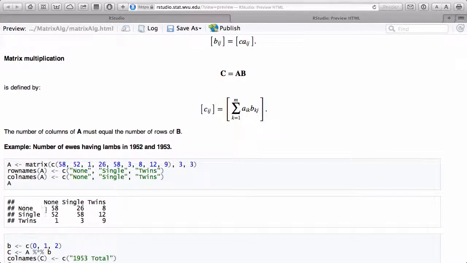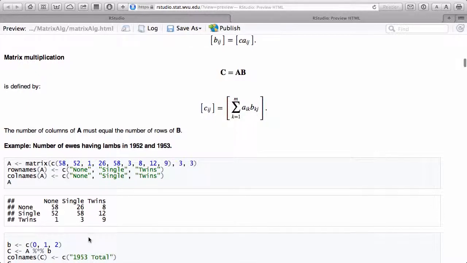There would be 58 ewes in 1952 that had no lambs that also didn't have them in 1953. But there would be 26 that did not have lambs in 52 that did have them in 53, and so forth. So this matrix represents the change; if you went from a single lamb in 52 to none in 53, there were 52 ewes in that category.